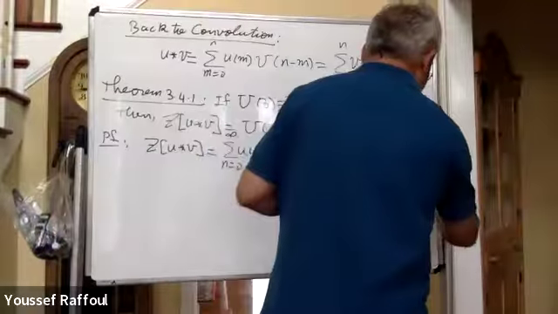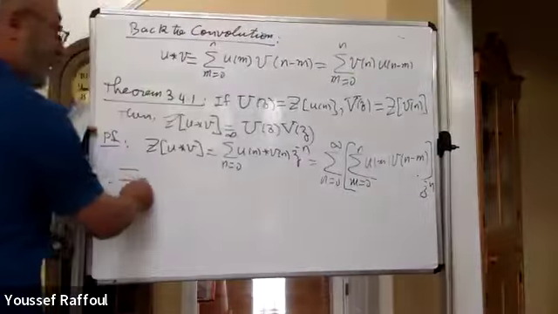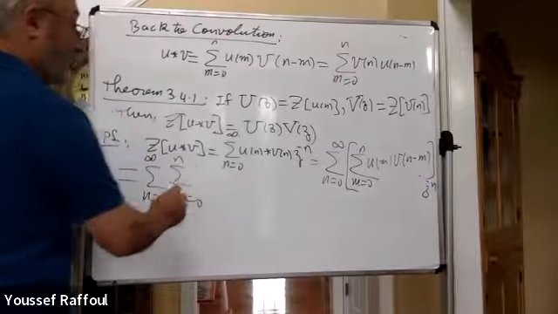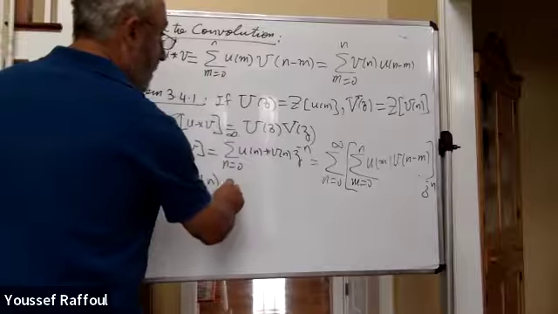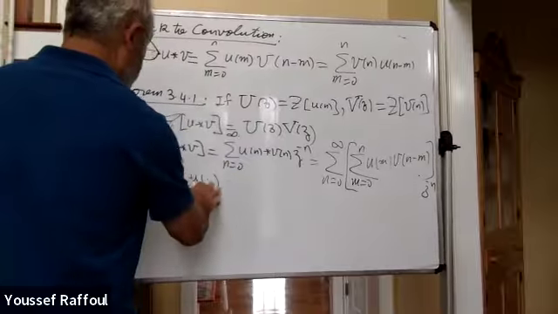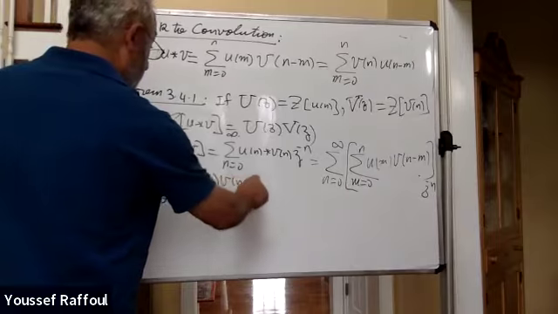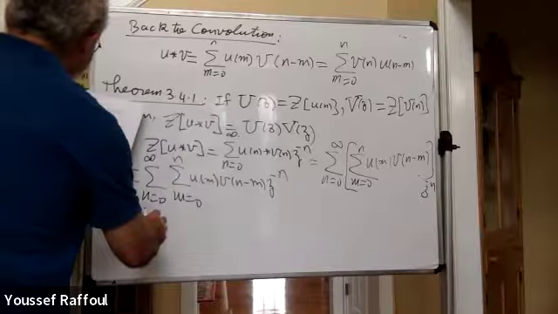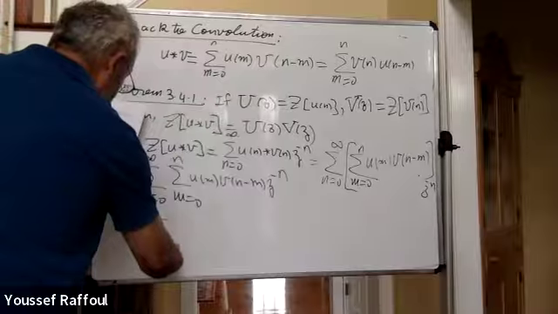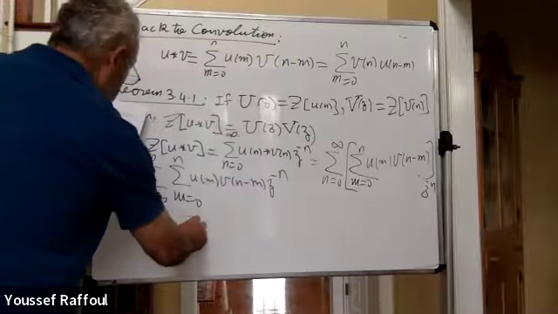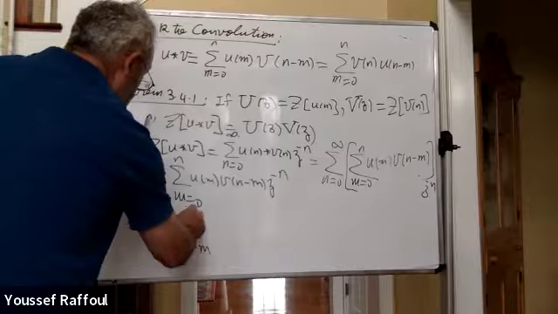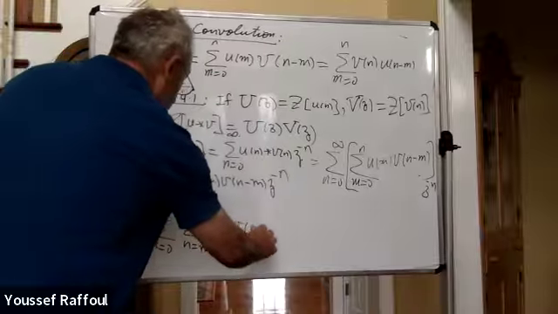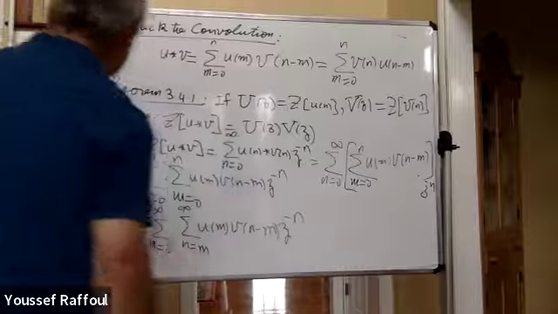So, oh, I have z^(-n). So I'm going to rewrite this as the sum from n equals 0 to infinity, the sum from m equals 0 to n, of u_m v_(n-m) z^(-n), and this is the same as the sum from m equals 0 to infinity, the sum from n equals m to infinity, of u_m v_(n-m) z^(-n).